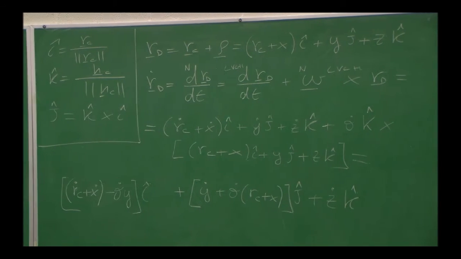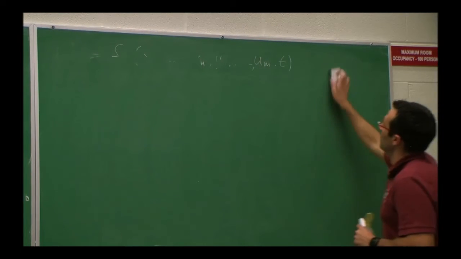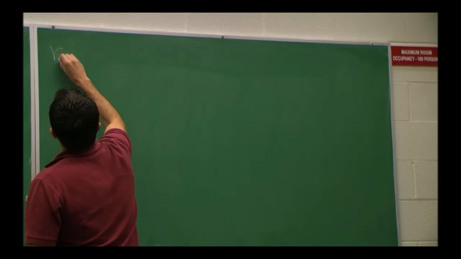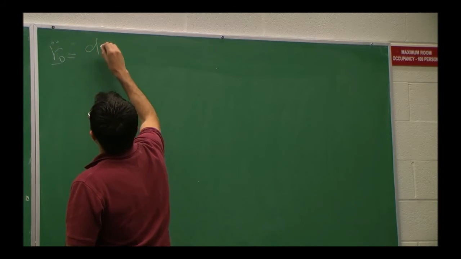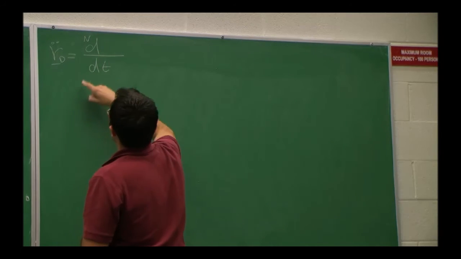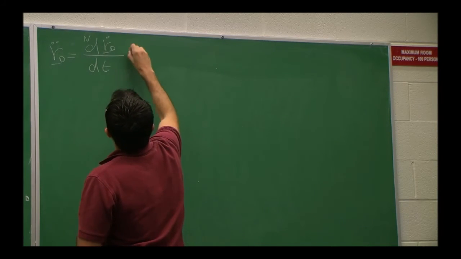And this is where I'm going to give you what happens, because it's basically doing this one more time. I want the RD double dot, and again, we have agreed that the dots mean derivatives in ECI, or in the inertial base frame. So d/dt in N of RD dot. Well, it's the same story.